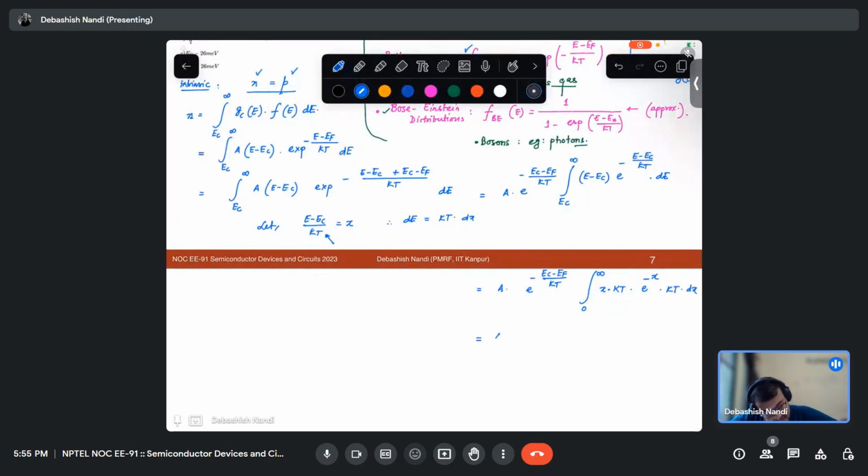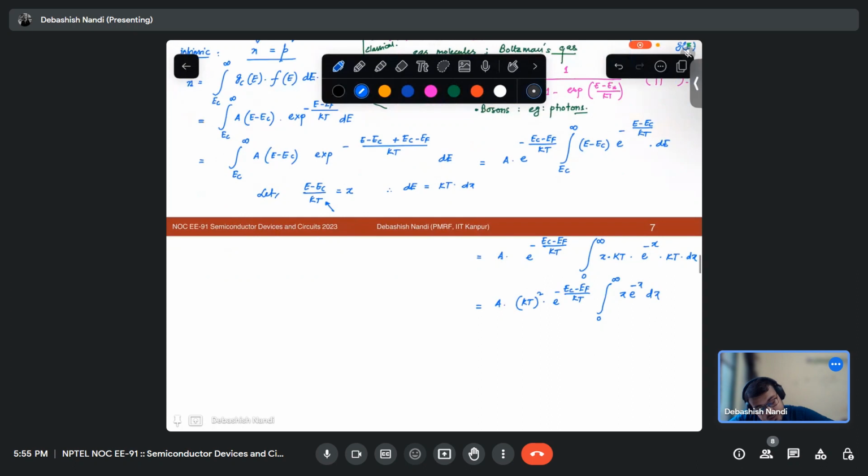So I will have a KT square out, e to the power minus EC minus EF by KT. Now tell me, have you seen this kind of integration anywhere else?